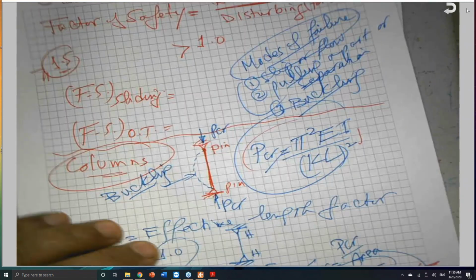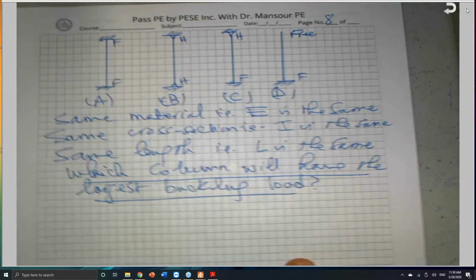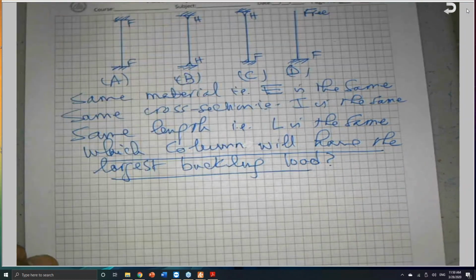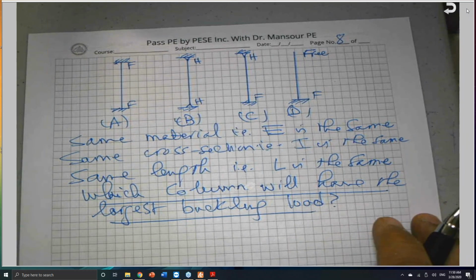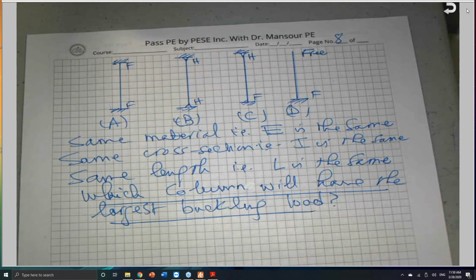So buckling is one of the modes of failure, and we need to prevent it for bridges and for columns in buildings and so on.